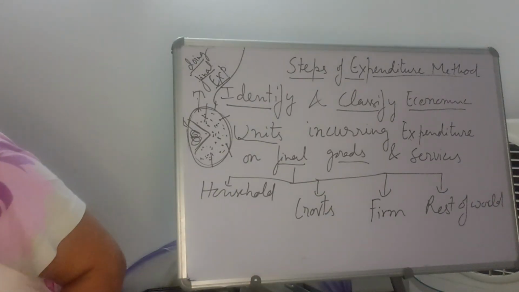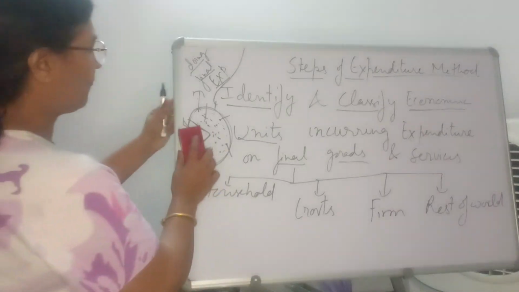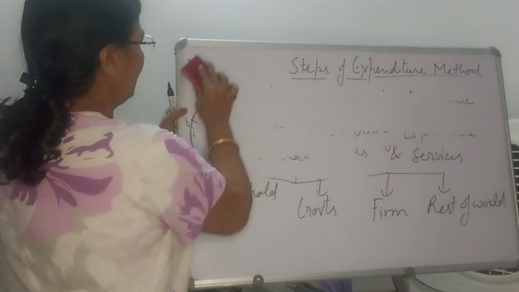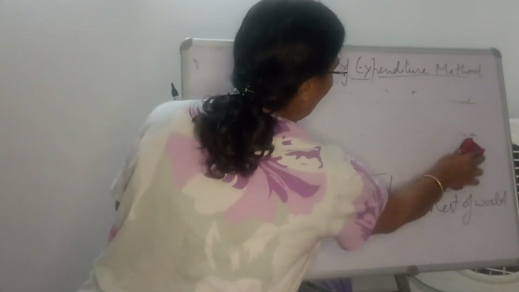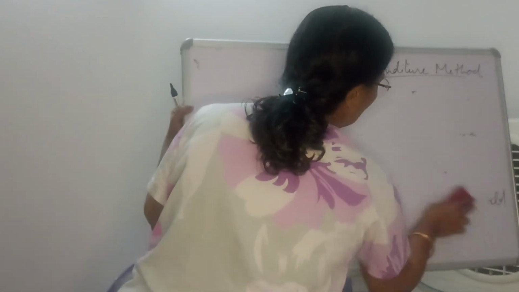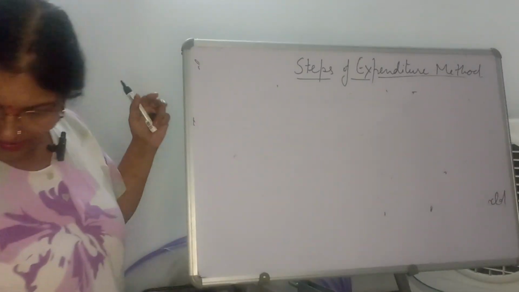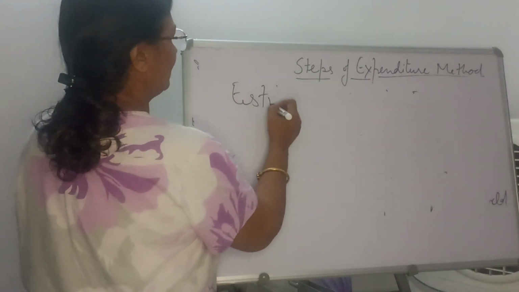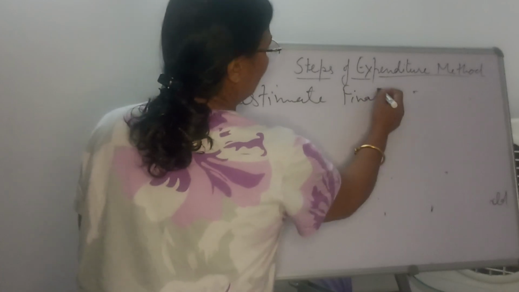Second step, here we have to estimate the final expenditure by all 4 sectors, right? So these are the sectors doing the expenditure. We have to estimate. The second step, estimate final expenditure.